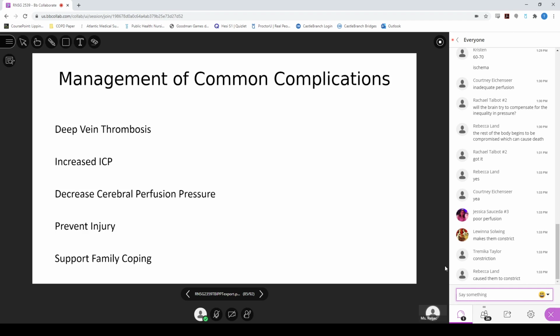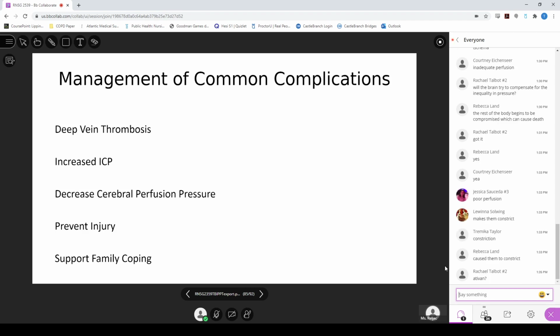What medicine is commonly used for agitated patients and does not affect the cerebral blood flow or intracranial pressure? This is one of those questions you need to know for the rest of your life. What medication is commonly used for agitated patients and does not affect the cerebral blood flow or ICP?